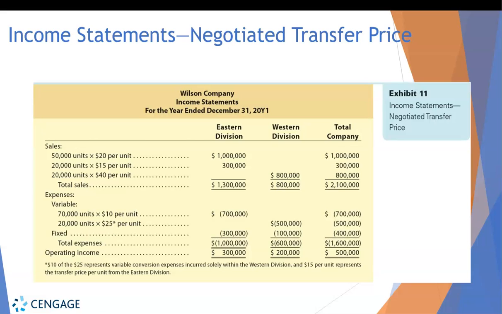So it goes up now to $1,300,000. As a result, the Eastern Division's operating income increases by $100,000. As you see here, the $300,000 in sales minus the $200,000 in variable cost.